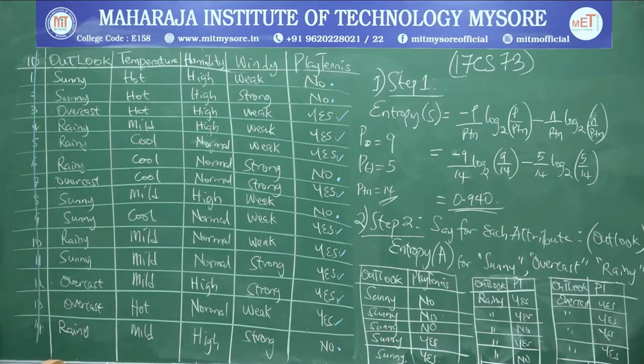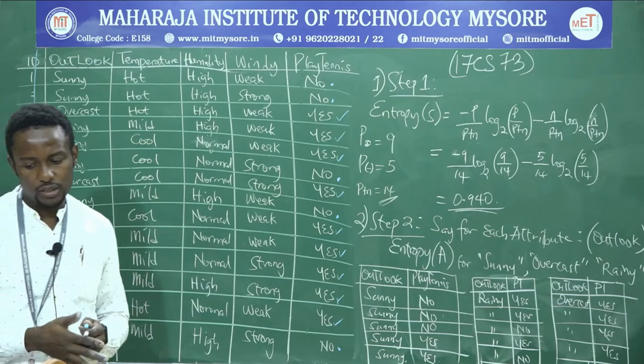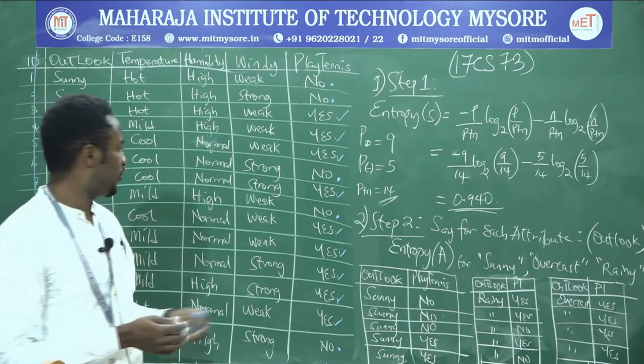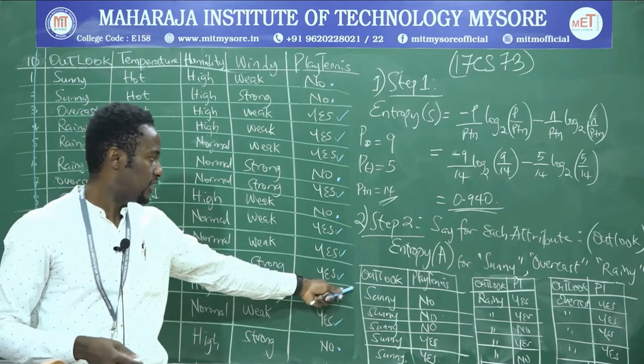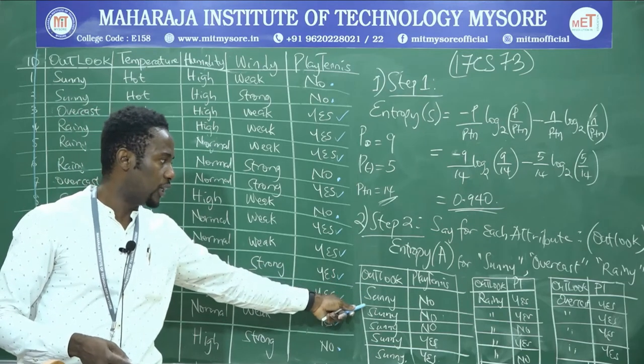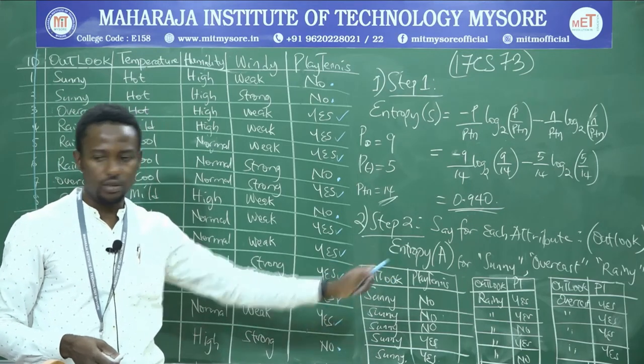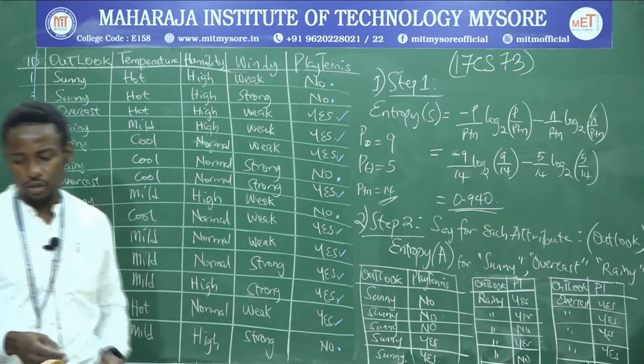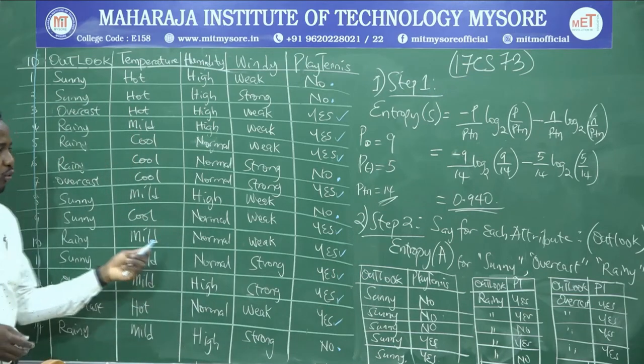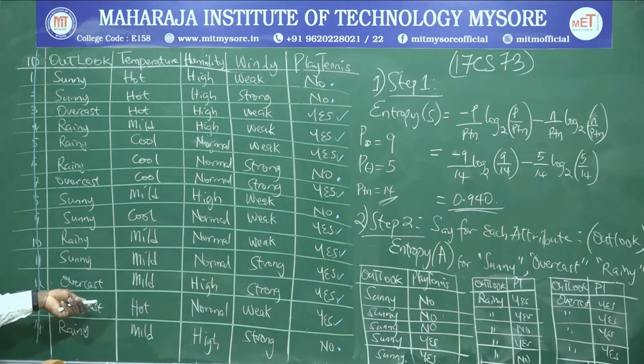So next thing we have to do now is to compute the entropy of each of these, right? Outlook for sunny, outlook for rainy, outlook for overcast, right? So for that, I have to wipe this. Fine.